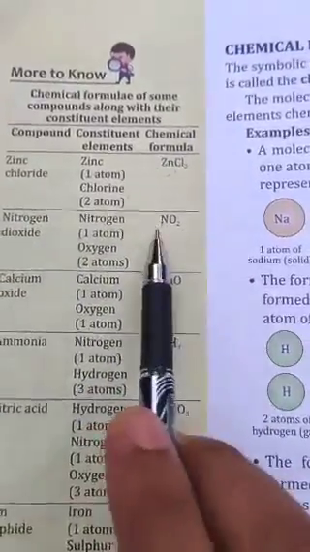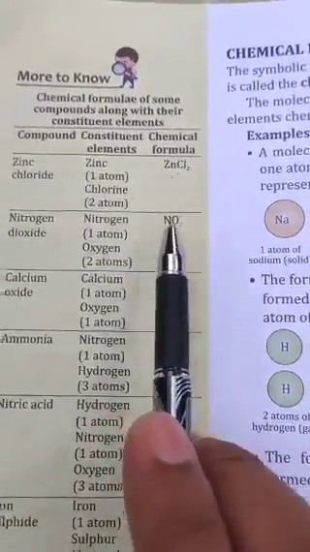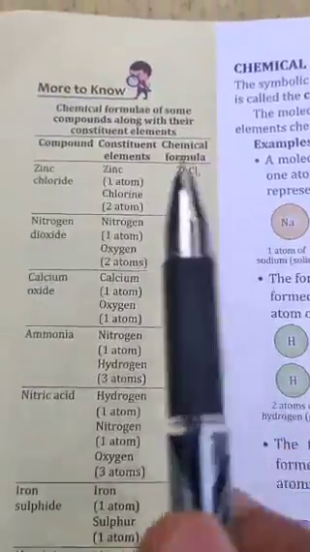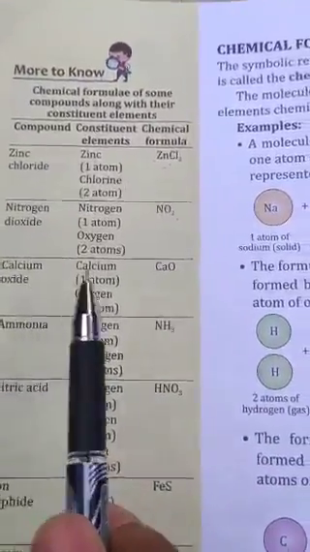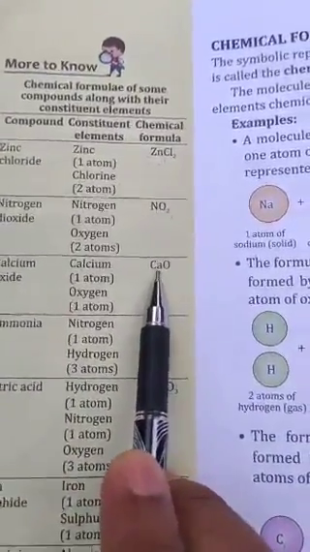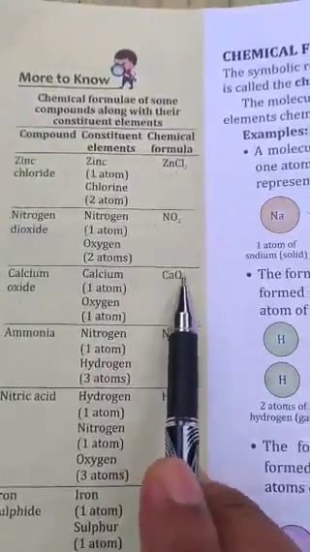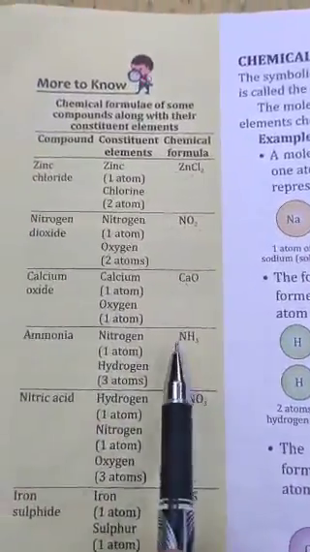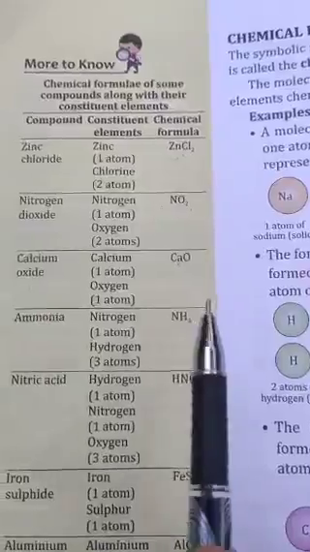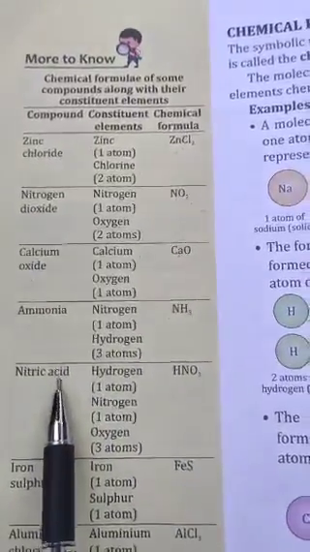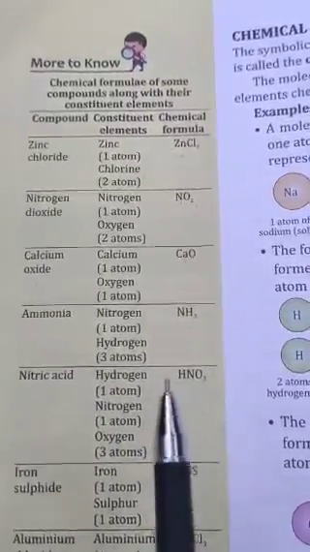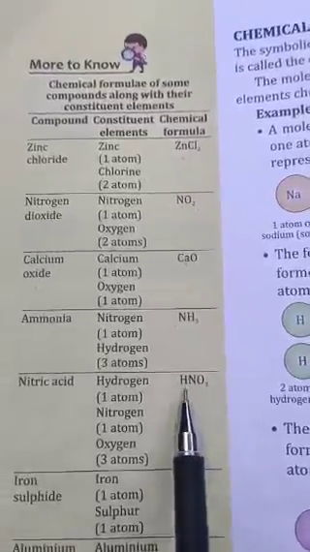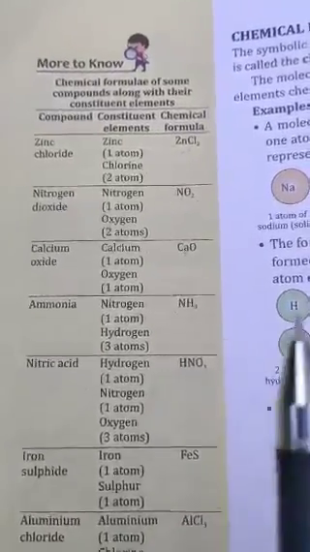Nitrogen dioxide, NO2: 1 nitrogen atom and 2 oxygen atoms. Calcium oxide: 1 atom of calcium and 1 atom of oxygen. Ammonia: 1 atom of nitrogen and 3 atoms of hydrogen. Nitric acid, HNO3: 1 atom of hydrogen, 1 atom of nitrogen and 3 atoms of oxygen.